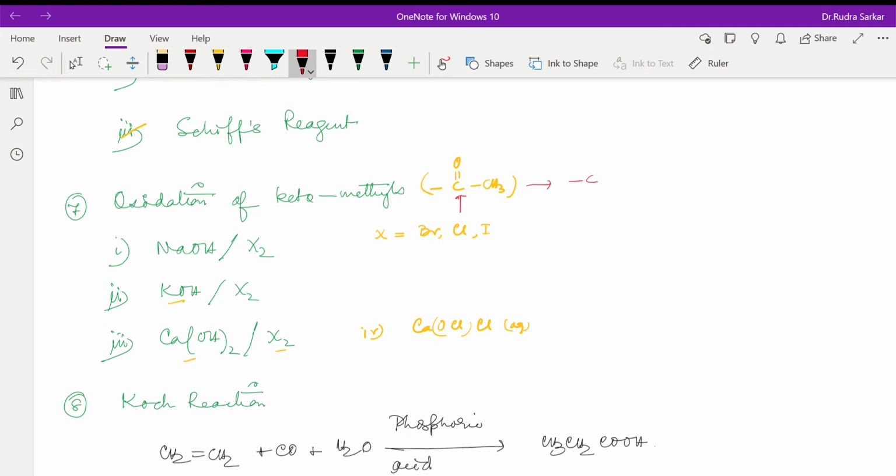This carbon will be converted to carboxylate, leading to the formation of CX3. Okay.